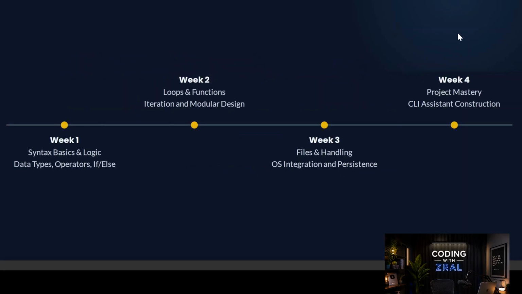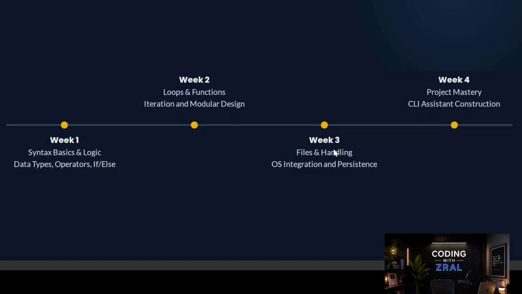So, a brief introduction of a roadmap which you can use to understand Python. In the first week you can learn the basic Python syntax, the logic, the data types, and the operation if else. In week 2 you can learn loops, iteration and modular design.